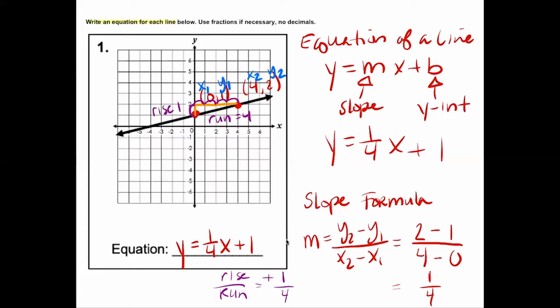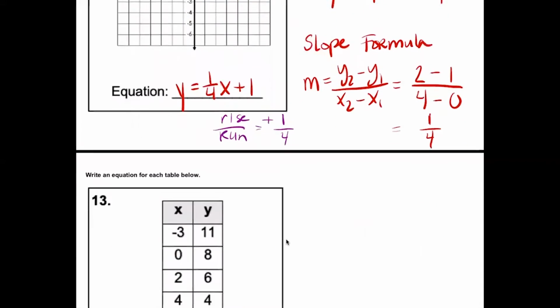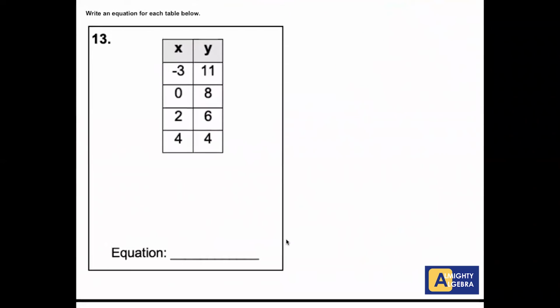The next example I'll be working out for you will be question number 13. In number 13, you are asked to write an equation for the table. So this time we're given a table, not a graph.